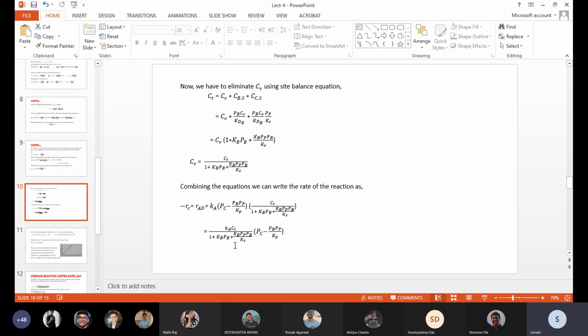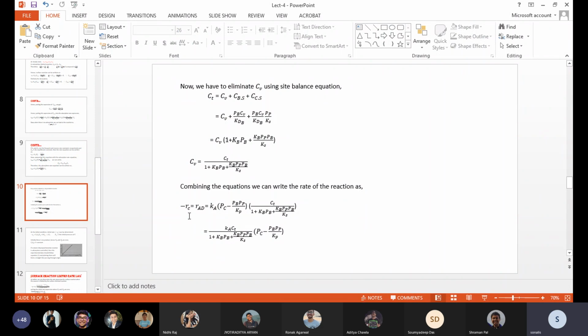Next, you come here at the denominator. If Pb is neglected, so Kb Pb is taken as almost 0, and Kb Pp Pb by Ks, this quantity is also 0. Pp and Pb are 0 because their formation is very small. So what is coming?